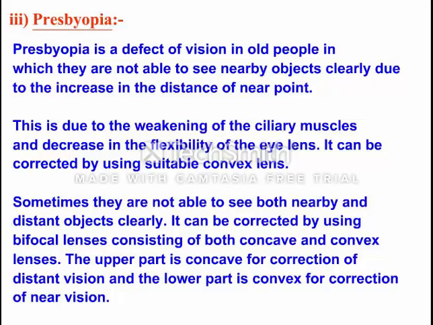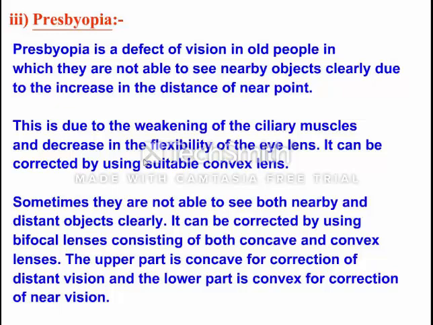Here it is written that it is a defect of vision in old age in which they are not able to see nearby objects clearly due to an increase in the distance of the near point. Sometimes they are not able to see near objects or far objects clearly, due to the weakening of the ciliary muscles and a decrease in flexibility of the eye lens. If a person cannot see near objects, it is corrected by a convex lens.